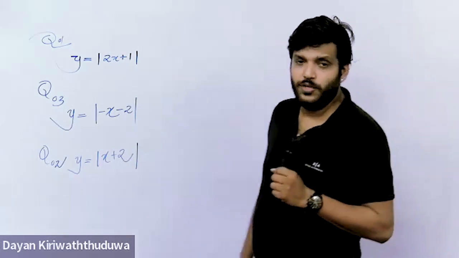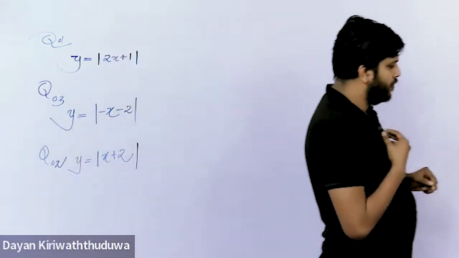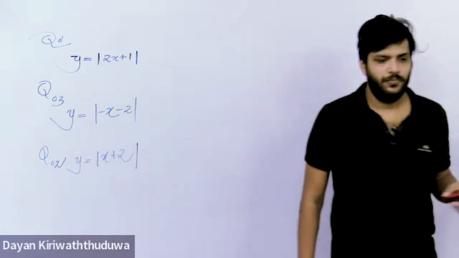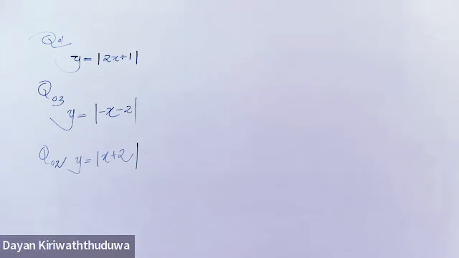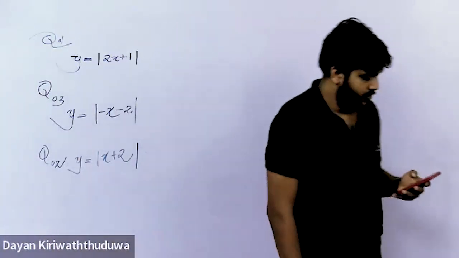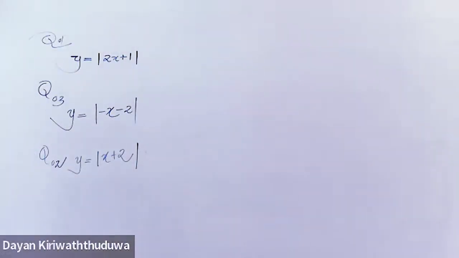Yeah, correct. So can you take a screenshot and send to the WhatsApp group, please? Both of them. That's good. Please, others also, please work out and send your answers.